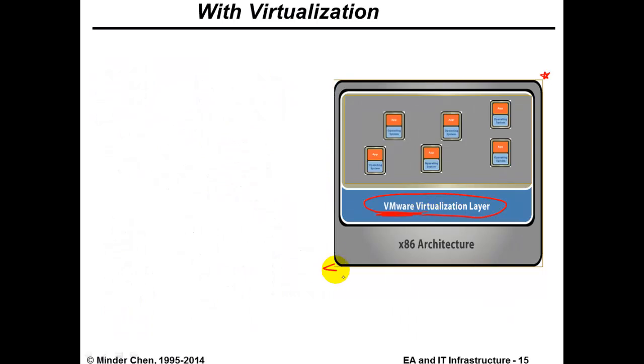It's easier to manage, and all those servers are virtual servers. You can easily back one up as an image file. If you need to reinstall it, you just copy the image file and run it on top of this VMware virtualization layer, and then you have a server up and running.